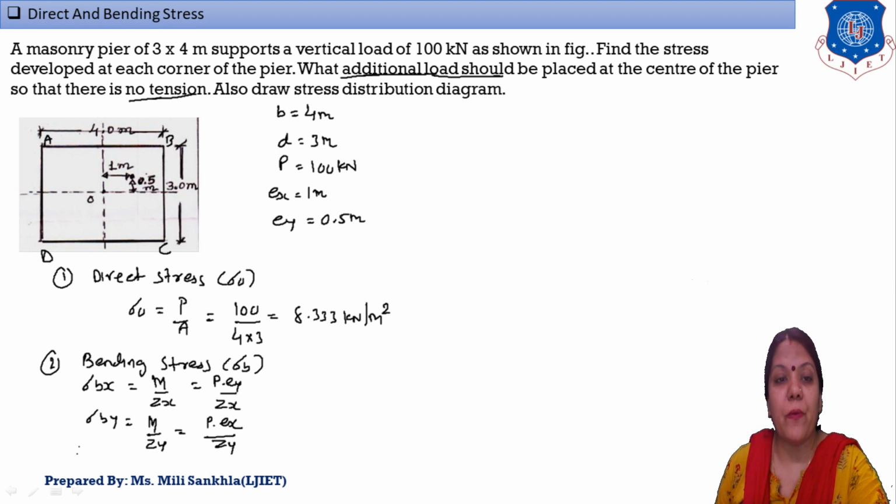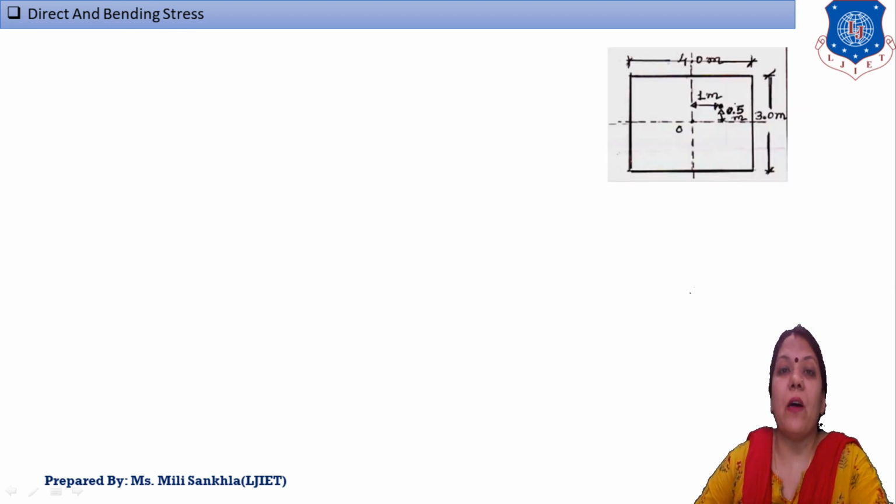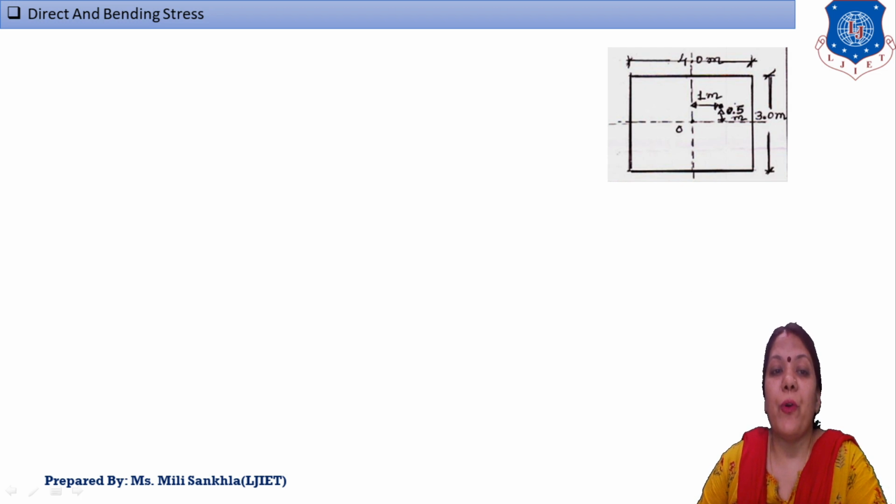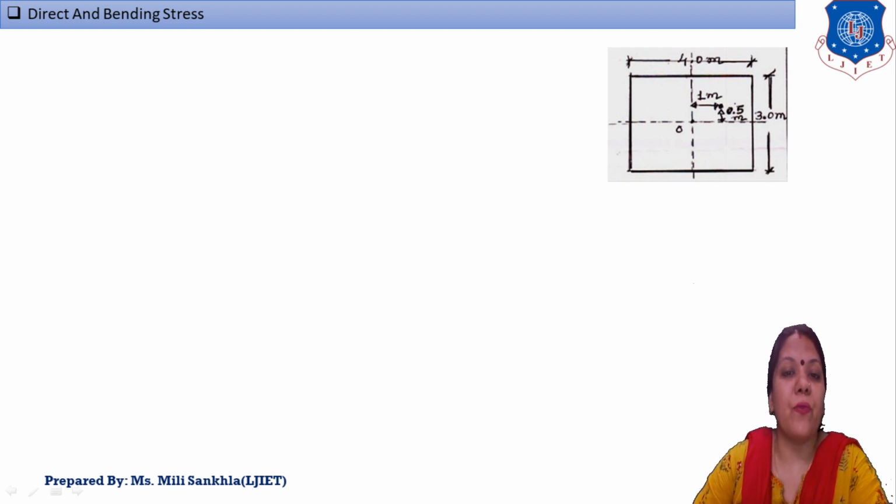Okay, now next we find out the moment of inertia. The moment of inertia for a rectangle section is bd cube by 12. Ixx is equal to bd cube by 12.